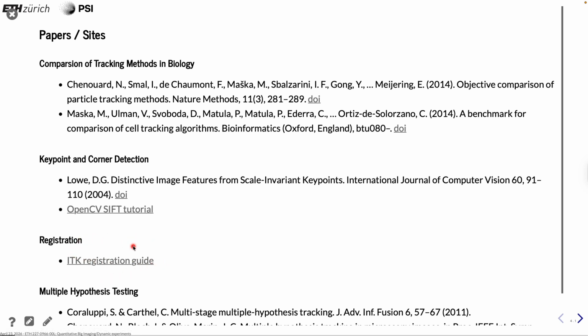One really good source of information on the technical side is the ITK registration guide. ITK is a huge library for image processing that was developed in the Visible Human project, where they sliced, first of all, did imaging of one person, and then afterwards they even sliced him and made photographs of every slice.